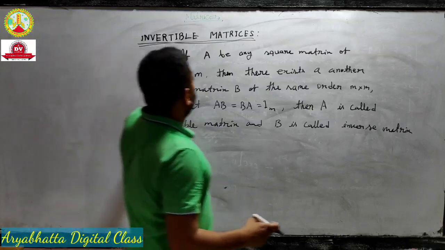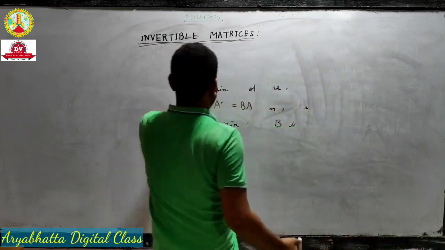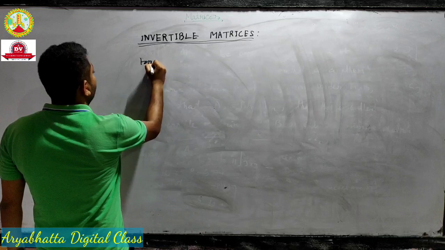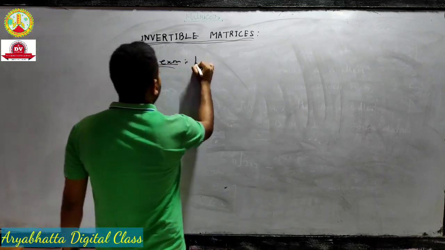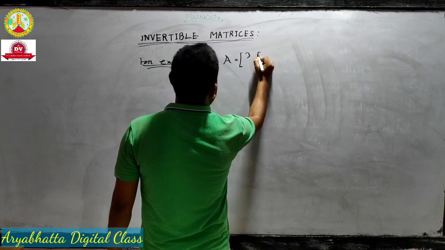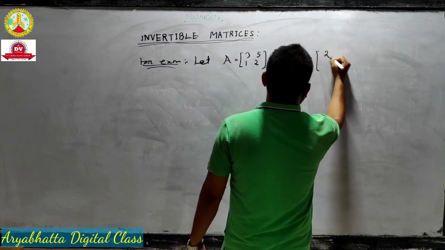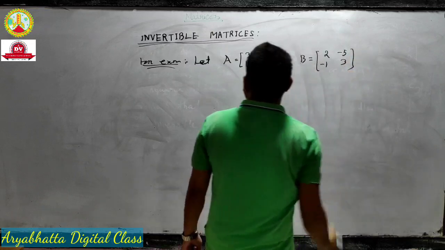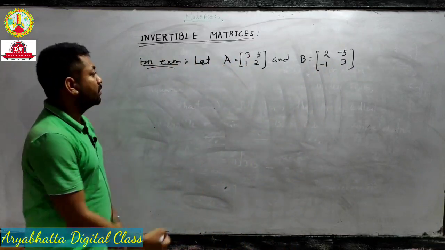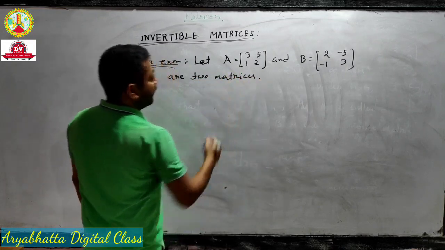For example, let A equal to [3 5; 1 2] and B equal to [2 -5; -1 3] be two matrices.